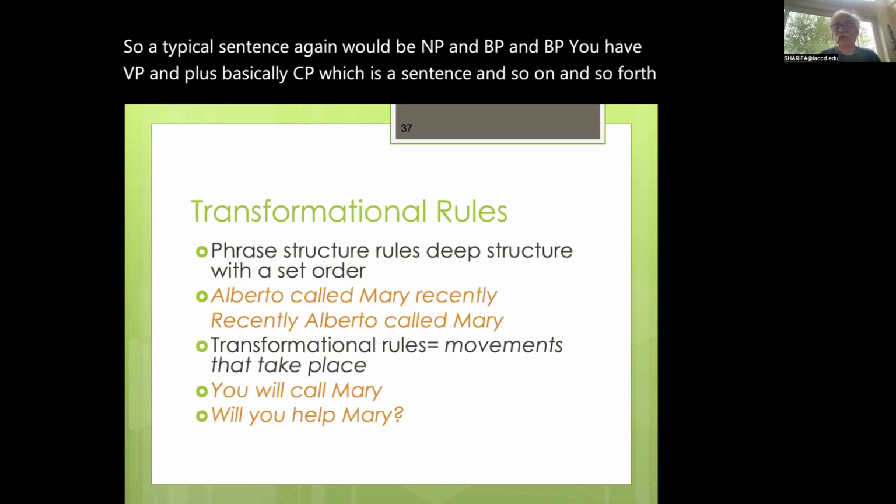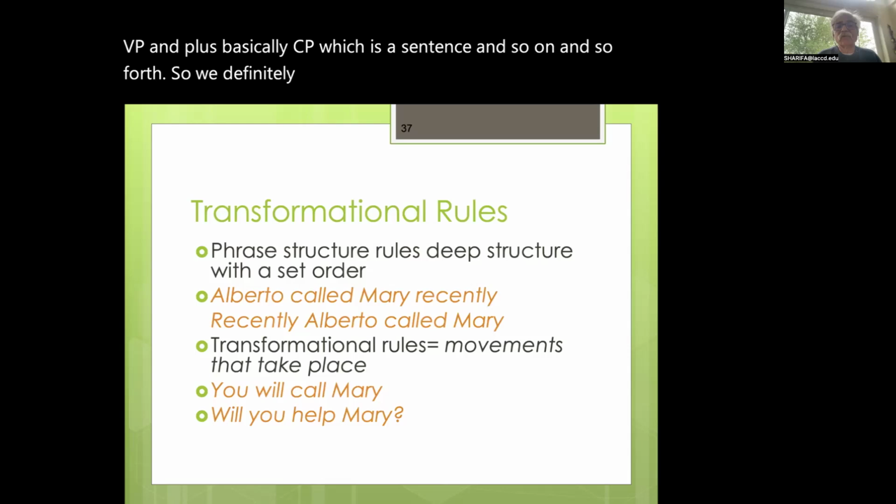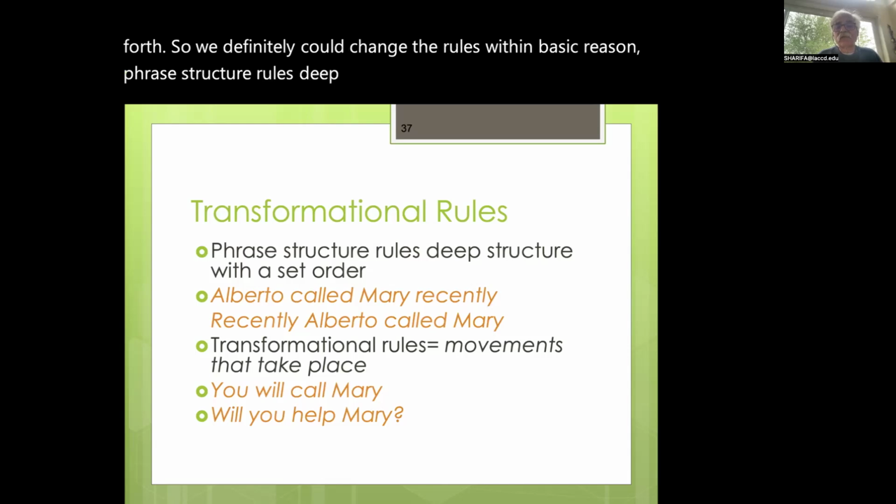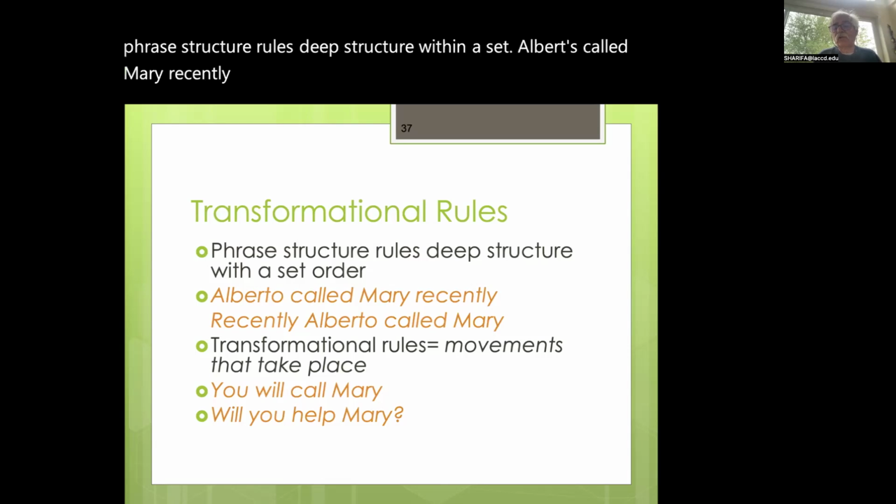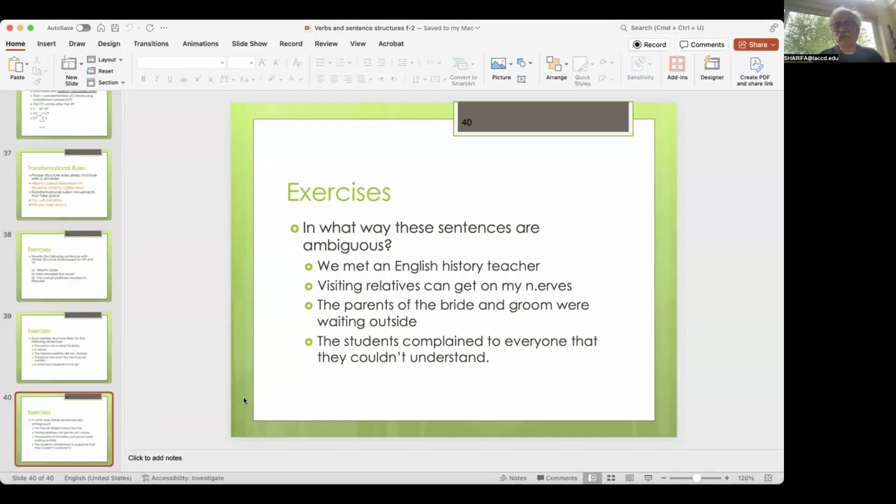So we definitely could change the rules within reason, phrase structure rules, deep structure within a set. Alberto called Mary recently. Recently, Alberto called Mary. It would be the same. So you don't have to worry about the exercises.